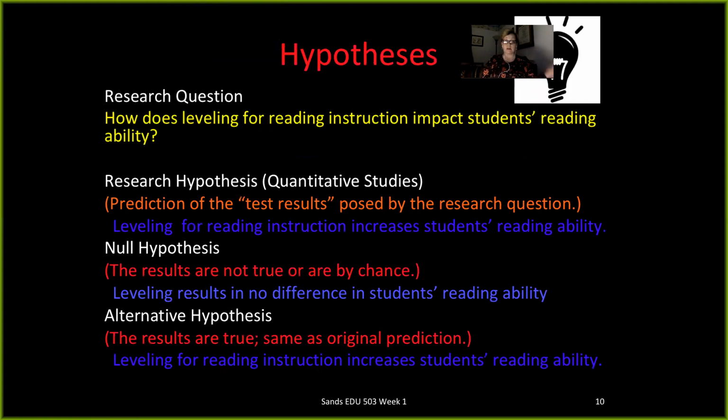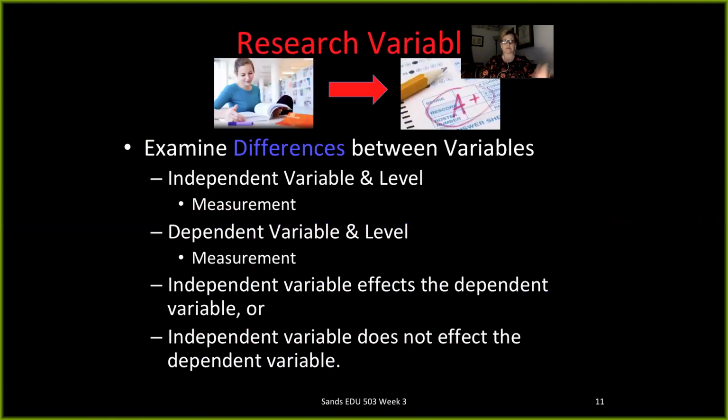It's the same thing as the research hypothesis, the same as the original prediction: leveling for reading instruction increases students' reading ability. Now, like I said before, the null is not saying the opposite, that it decreases students' reading ability. It's just saying that we don't see an increase caused by leveled reading instruction.